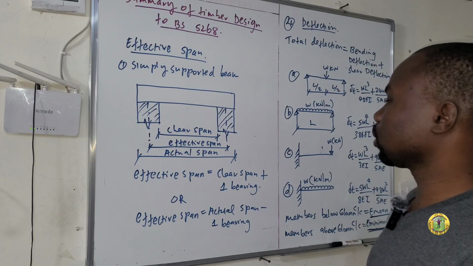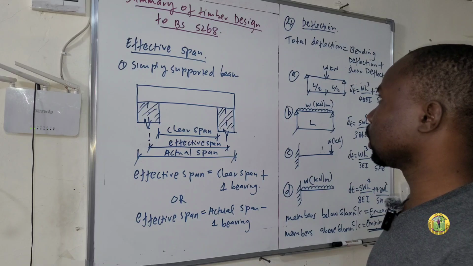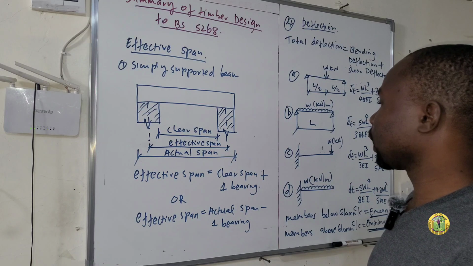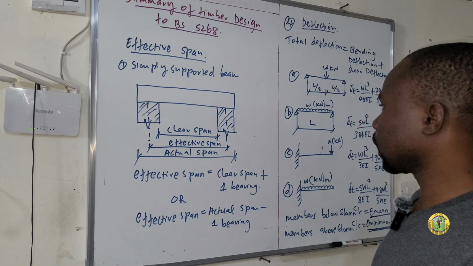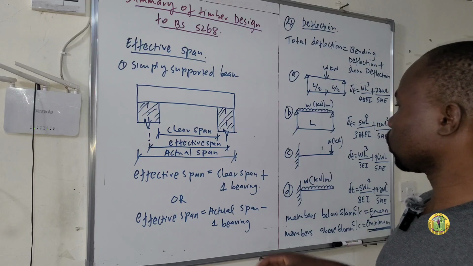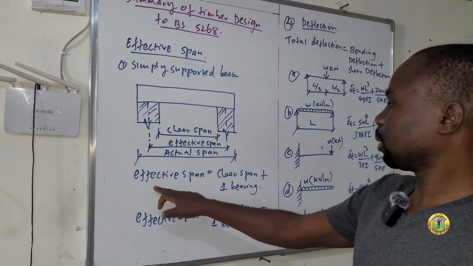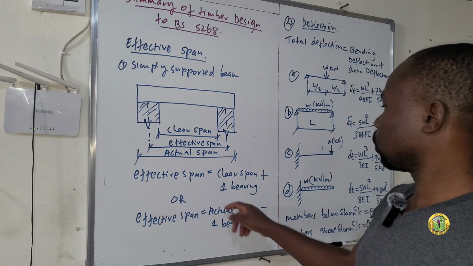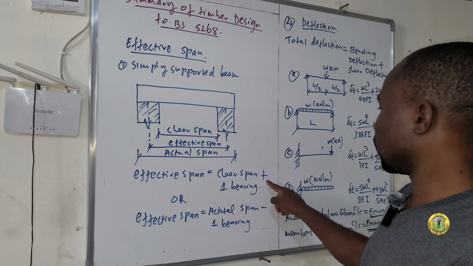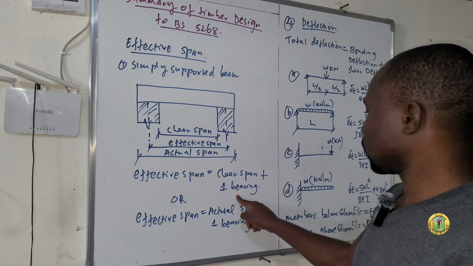Since effective span is very important in designing a timber or any structural element, we have to calculate it for safety purposes. So effective span is equal to clear span plus one bearing.